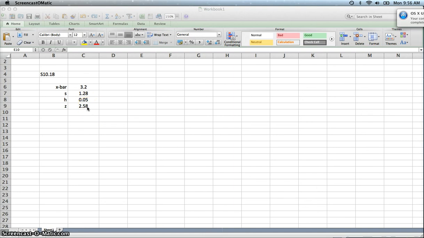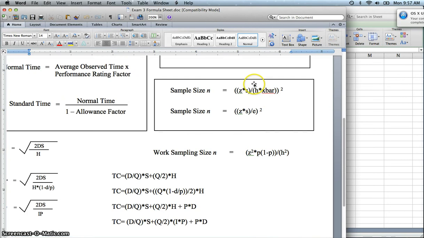The last thing they give us is they tell us that we want an error, or basically a standard time within 5% of the true value, and so that's written as an H value. Now, we will give you the formula on the formula sheet. It looks like this. So the sample size here, and we're just going to plug in the numbers.